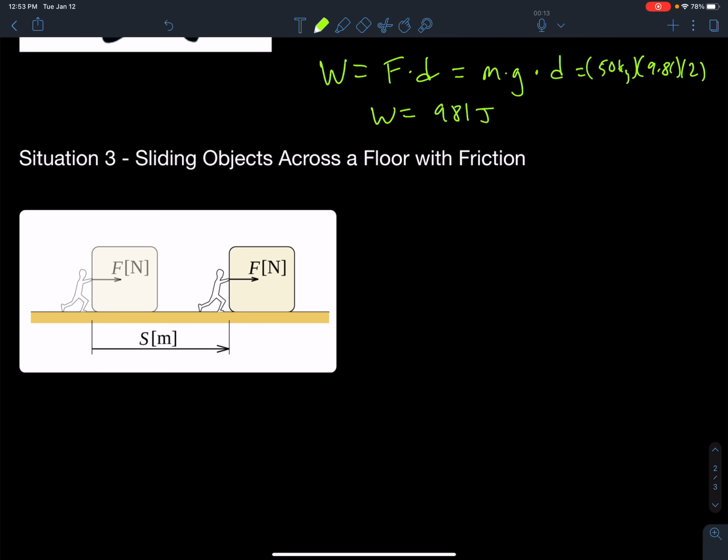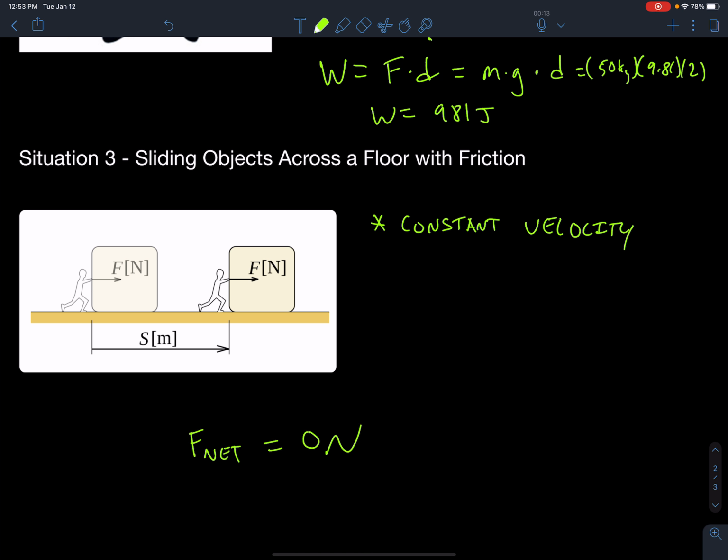Now, let's talk about sliding objects across a floor with friction. All right, and again, let's look at it in terms of constant velocity. So I'm just applying a force that allows me to push this at a constant velocity. It's not accelerating. So in that case, because there's no acceleration, the net force is equal to 0 newtons. And I need to understand what forces are on this box.